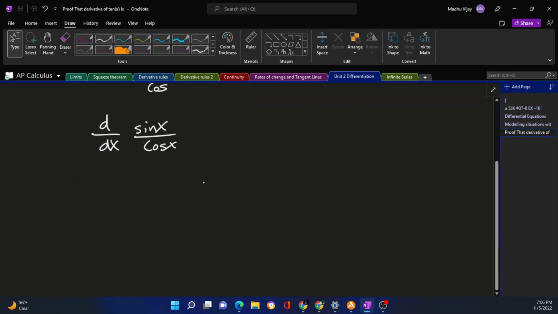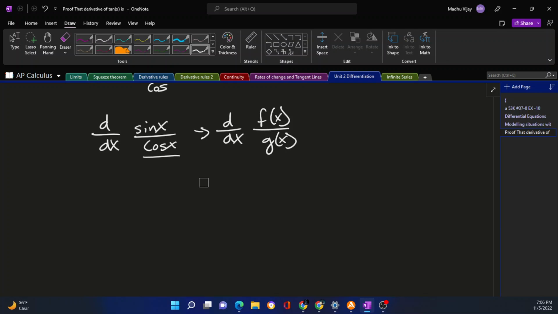In order to do so, we see that this resembles the derivative of f of x divided by g of x. We have two different functions, the sine and cosine. When we have two functions divided like this in a fraction and we're taking the derivative, we need to use the quotient rule.